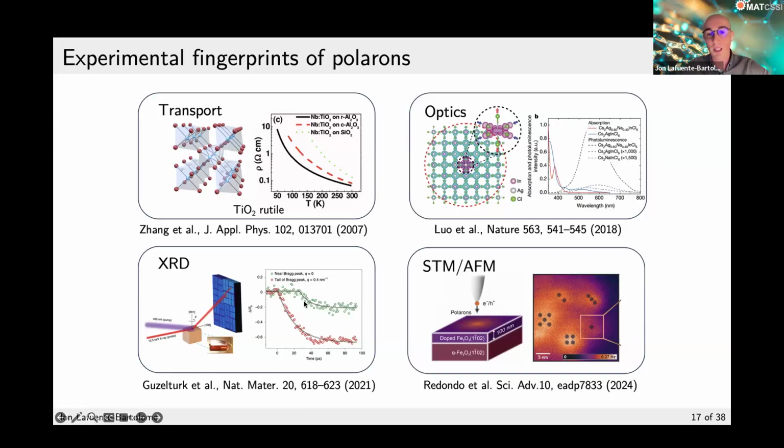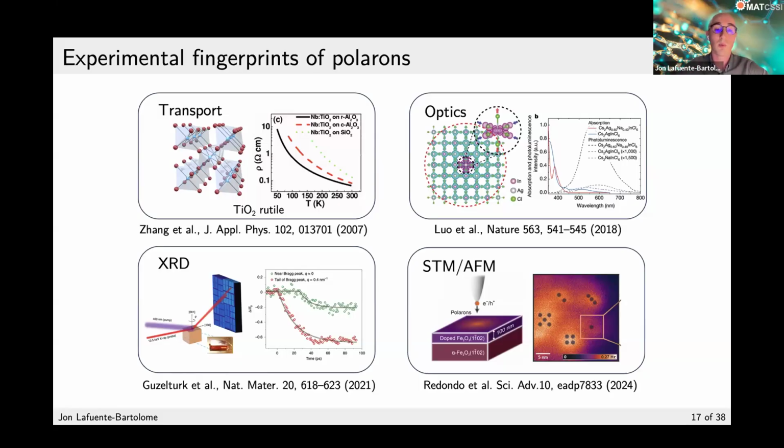But probably more interesting in our discussion are the two experiments on the bottom, because these access the microscopic nature of polarons. The one on the bottom left are ultra-fast pump-probe X-ray diffraction experiments on lead halide perovskites. And here what the authors could measure was the formation of large polarons in this material and could track their formation in real time.